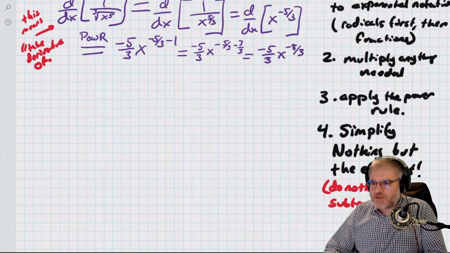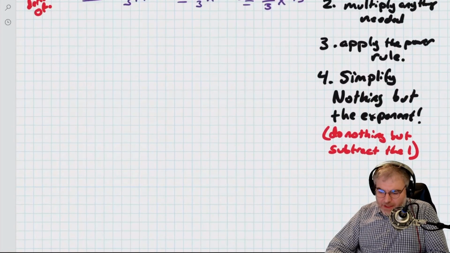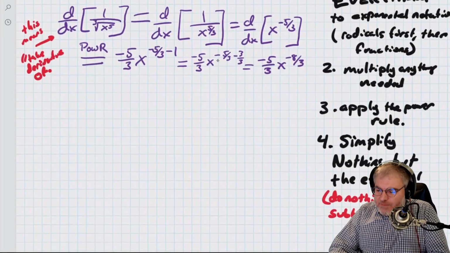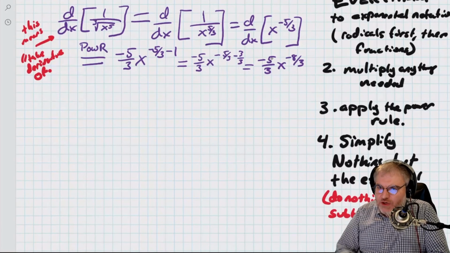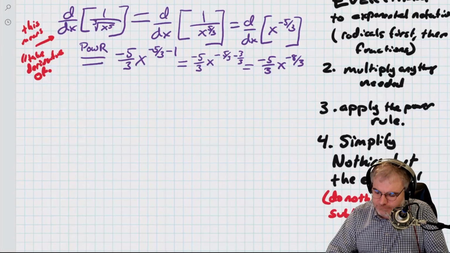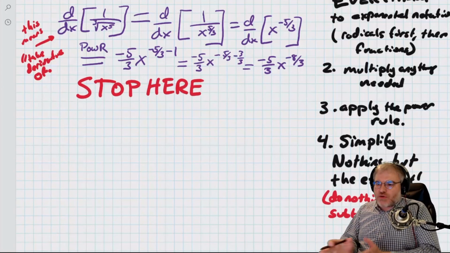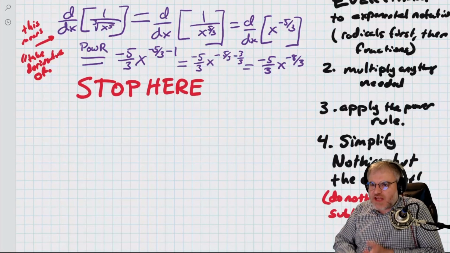And I personally think you should be able to leave it, but people have gotten marked off in the past for that. The only simplification I'm going to do is this. Do not convert it back. Unless it says prove something is equal to something else, do not convert it back.